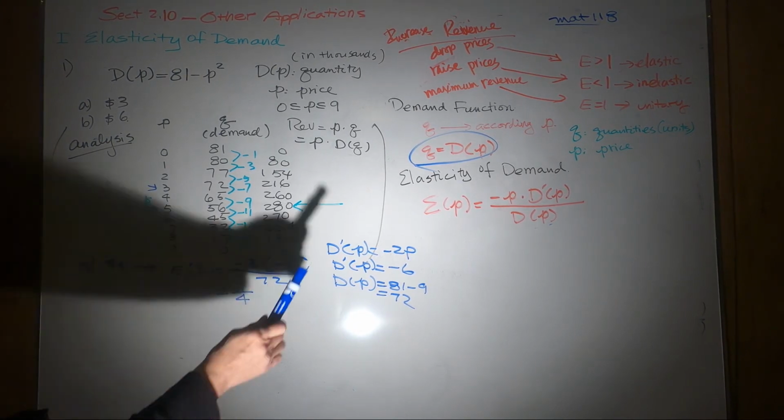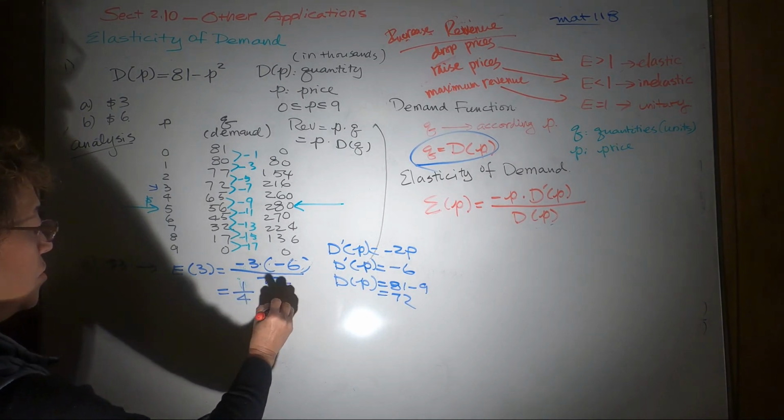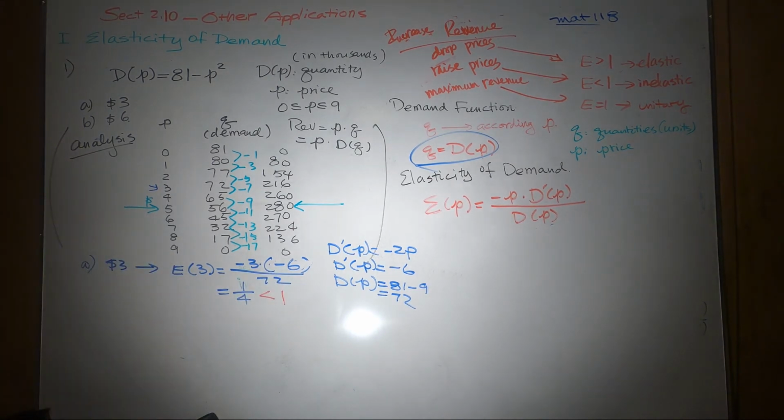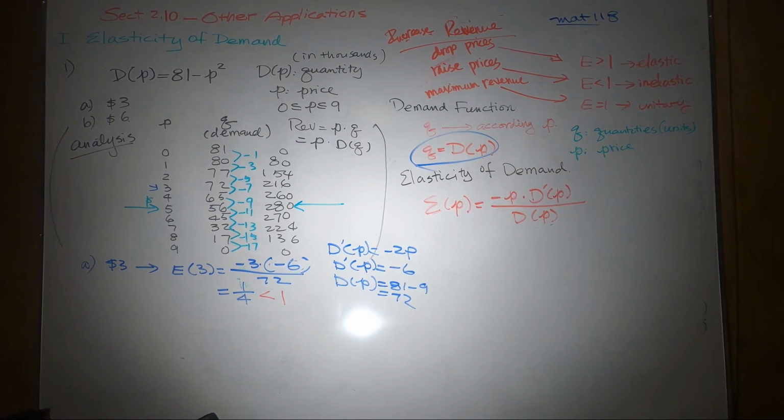elasticity, is what? Less than 1. Less than 1. So less than 1, what does it tell you? So it's inelastic, right? So it says a small price change up and down changes just a small portion of demand, right?